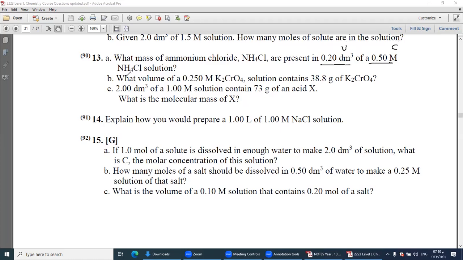So what mass? To obtain mass, you must obtain at the beginning number of moles equal concentration multiplied volume. 0.5 multiplied by 0.2 is equal to 0.1 moles. After that, number of moles is equal mass over molar mass.